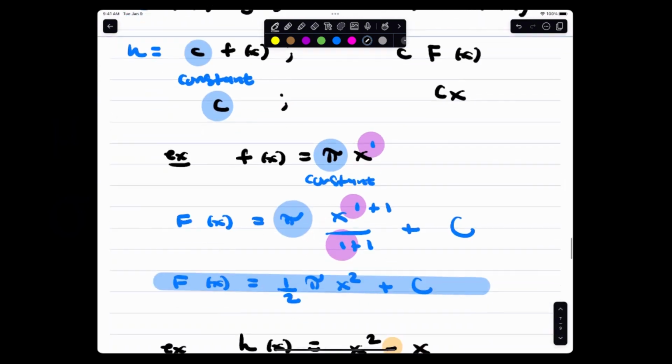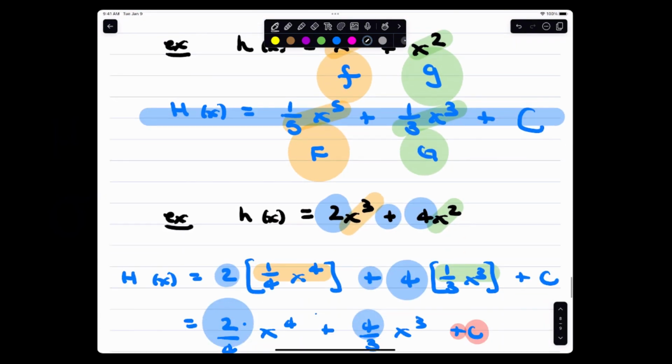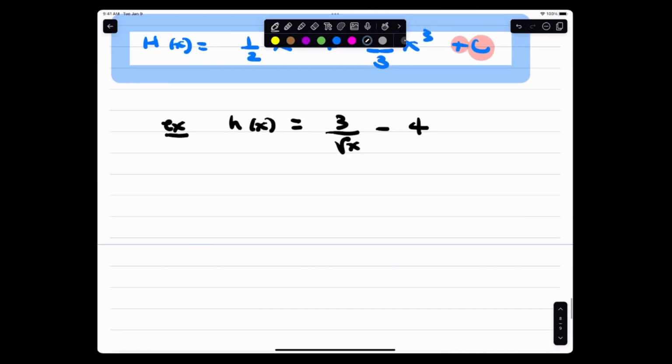I'm going to share that with you guys why. Let's go through the details. But before I do that, what do we have to do here? Do you guys know? This is really 3 times x to the minus 1/2.